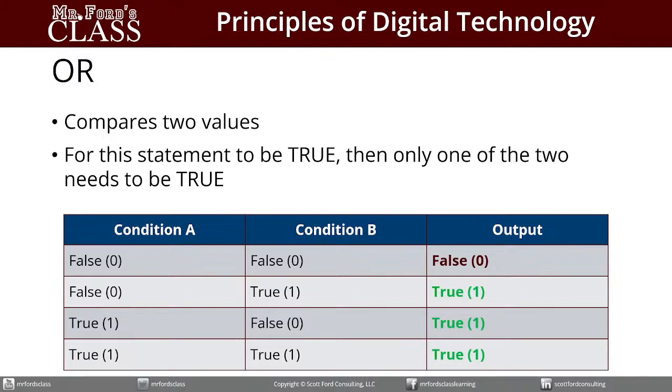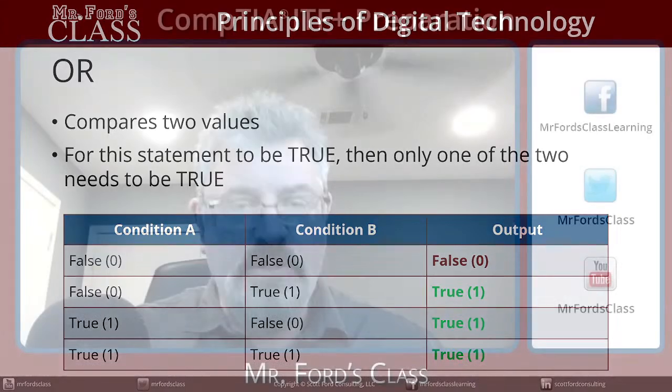Or gives you more possible true outcomes, because it's going to compare two values. And as long as one is true, then the output is true. So I might type in, let's see, Humble or queso.